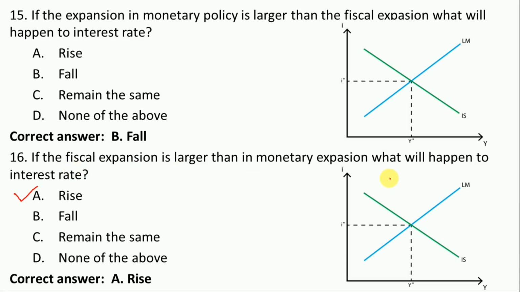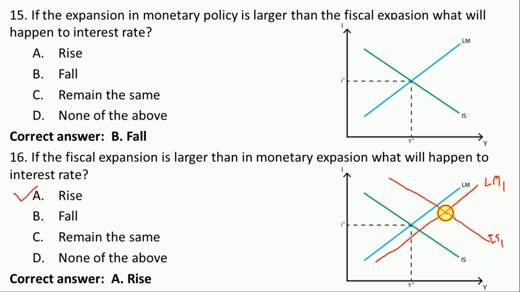The हमारा IS curve will shift to the right side from IS to IS1, and there is a monetary expansion. Because of that, the LM curve will also shift to the right side, but there is a smaller expansion in monetary policy. LM curve will shift from LM to LM1.